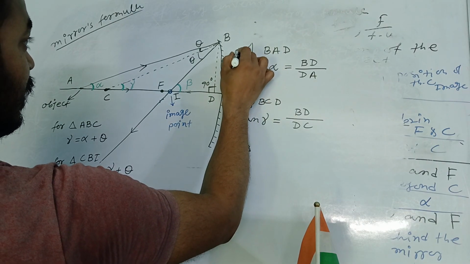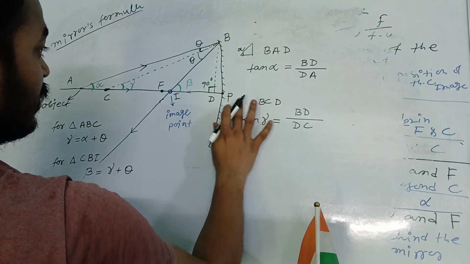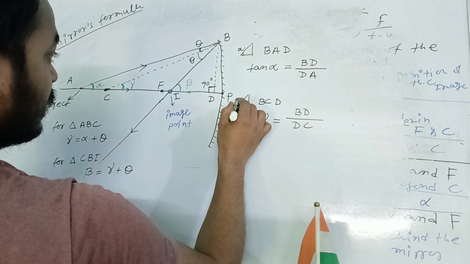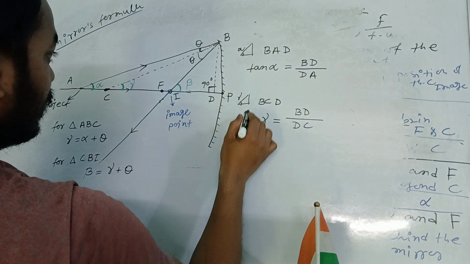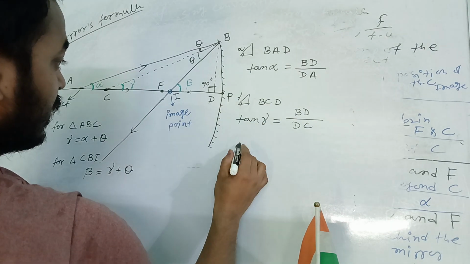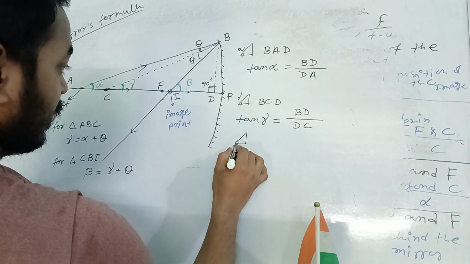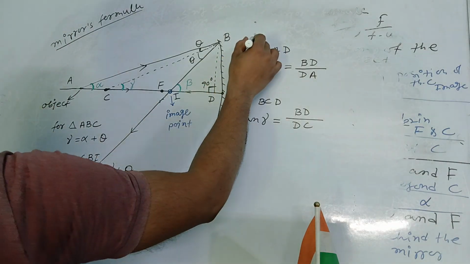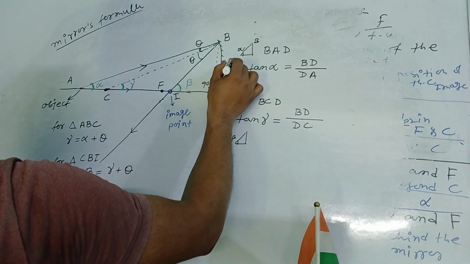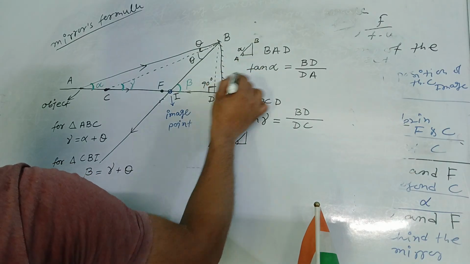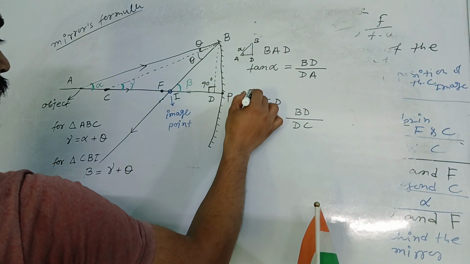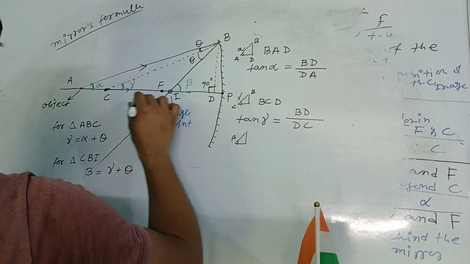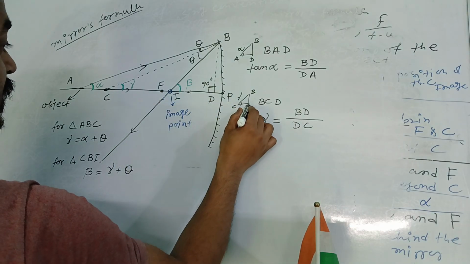This is alpha, this is gamma, and this is beta. The triangle name is B, A and D, and this one is BCD.